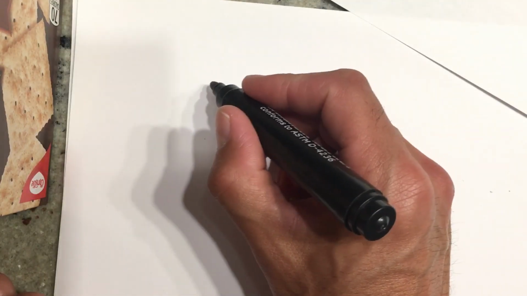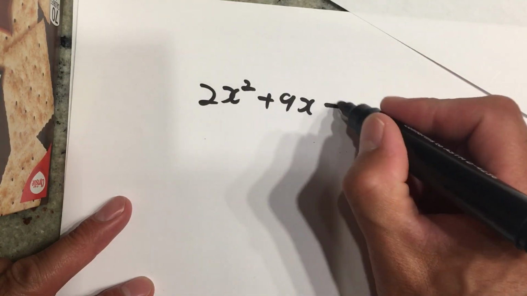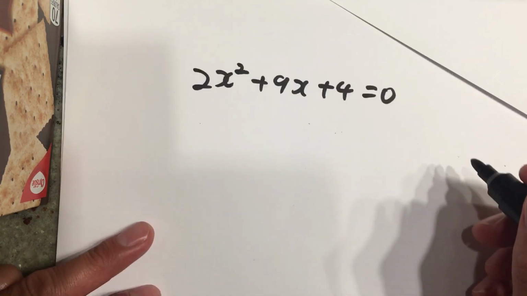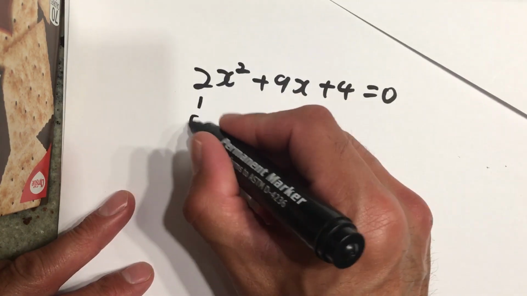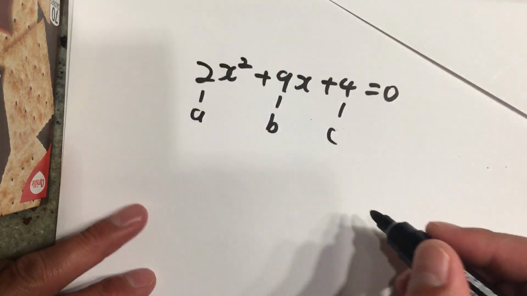Okay, so let's go back to the question at hand. The question is 2x squared plus 9x plus 4 is equal to 0. So I'm now going to identify that that's a, that's b, and that's c.